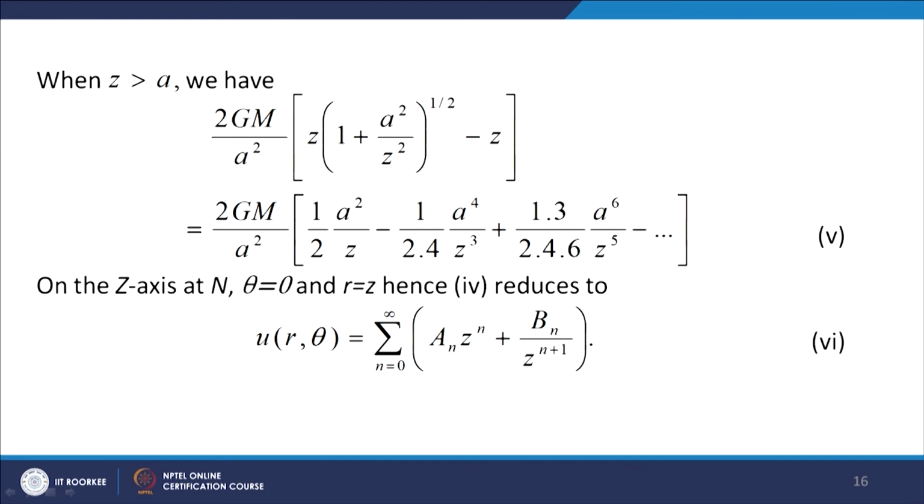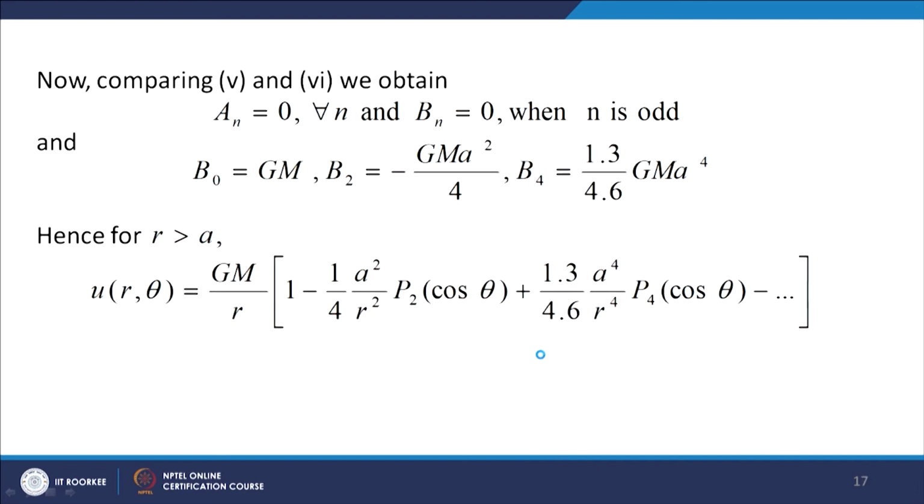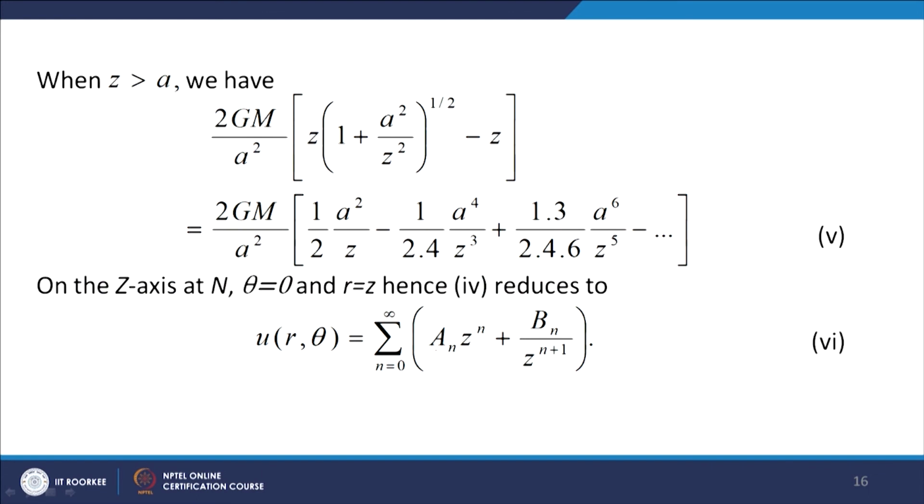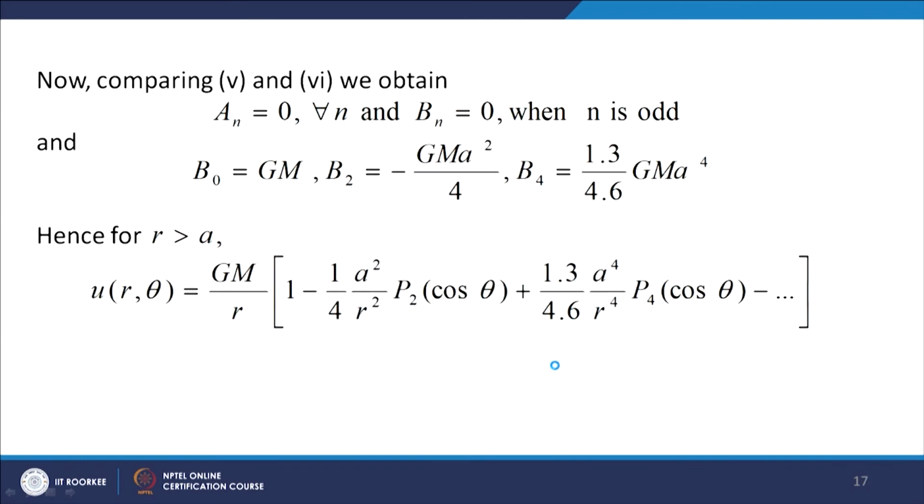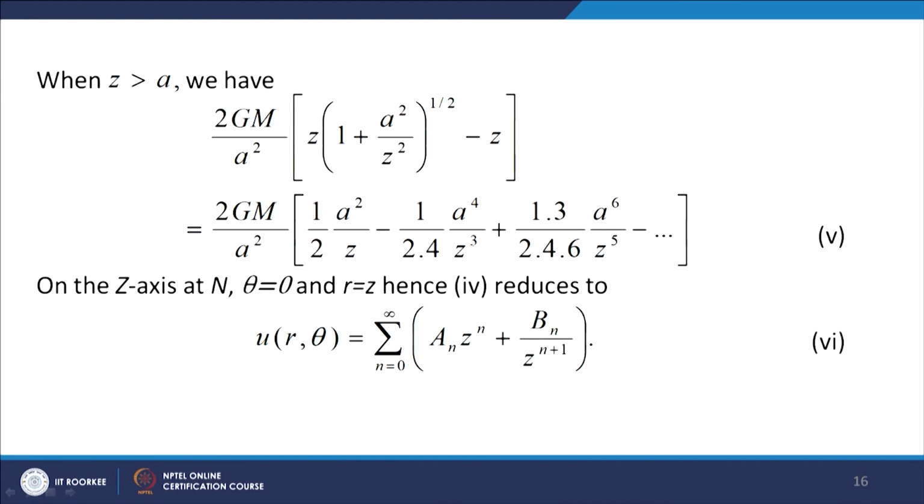So when n is odd, n plus 1 will be even. So b_n is equal to 0 when n is odd. a_n is 0 for all n, because there is no term in positive integral powers of z. So a_n is equal to 0 for all n, and b_n is equal to 0 when n is odd, and we can write the values of b_0, b_2, b_4 from here by comparison.